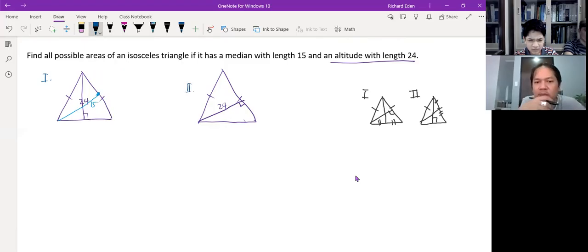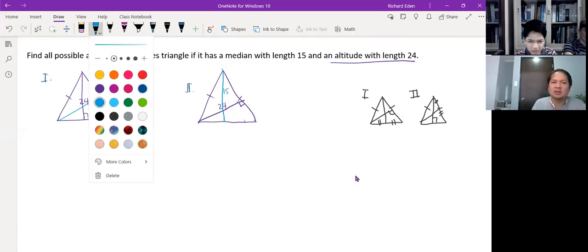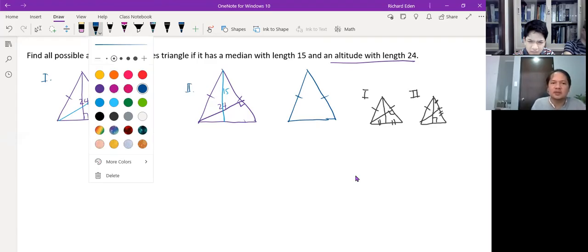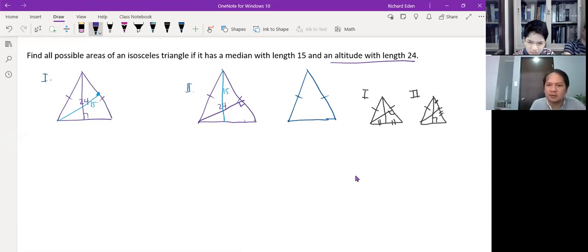okay, kasi pwede na ang median is ito. Pero pwede rin, as you were saying, so meron tayong ito. 24, tapos median is 15.